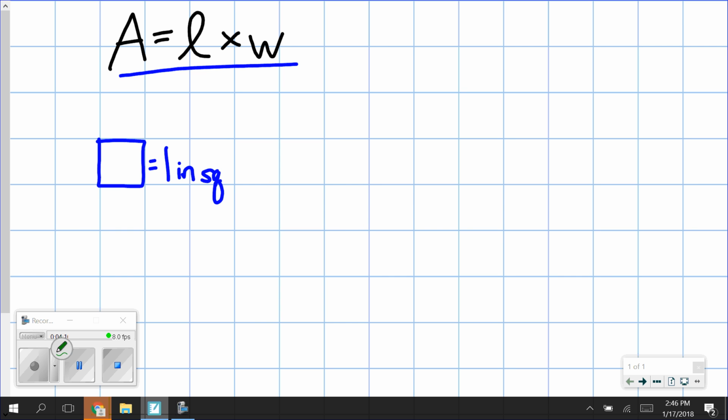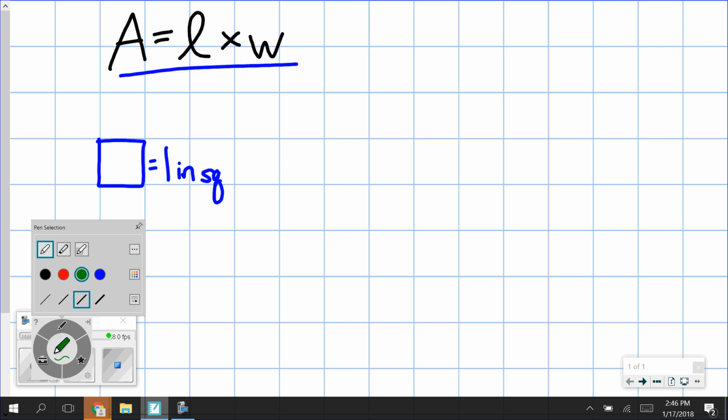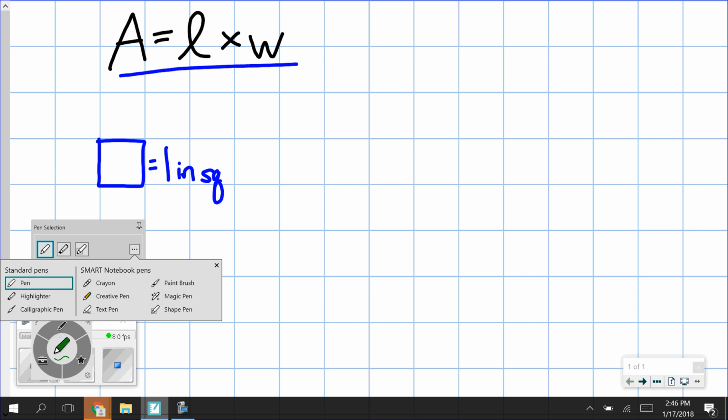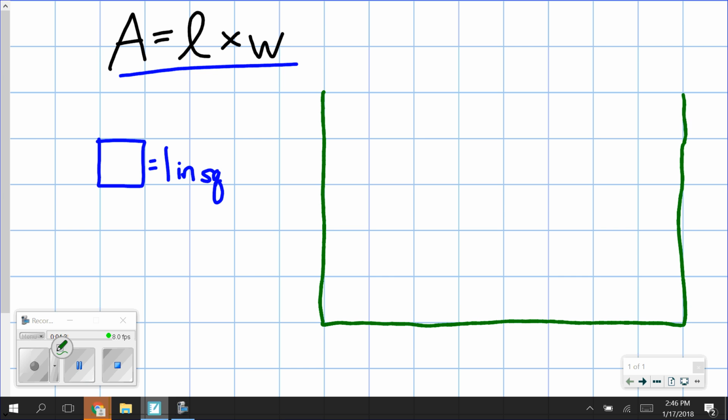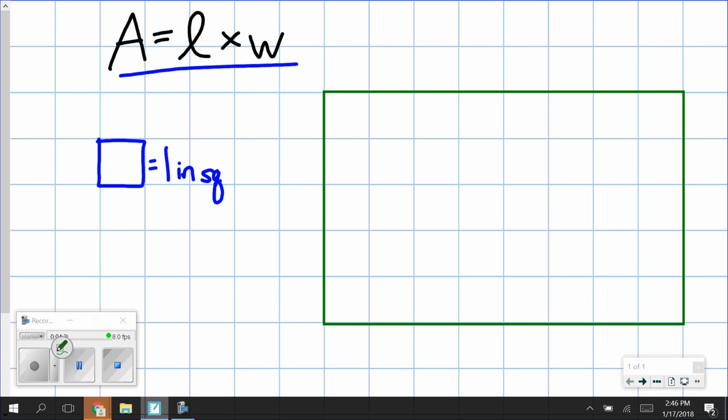I would like for you to find the area of this shape if each square is 1 square inch. All right, pause the video and figure out the area of this shape.